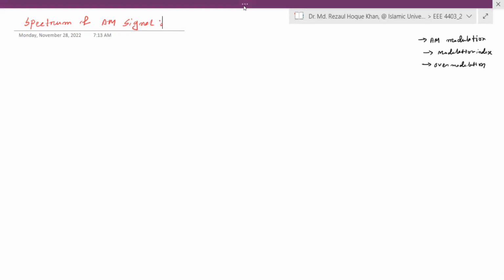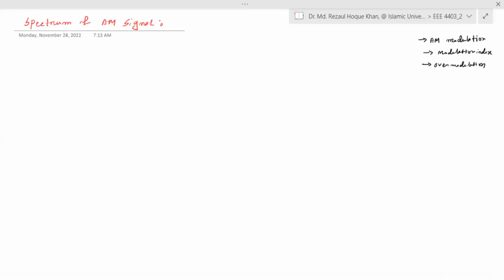So consider our message signal, which is actually m(t). Consider a message signal m(t) with spectrum M(f).